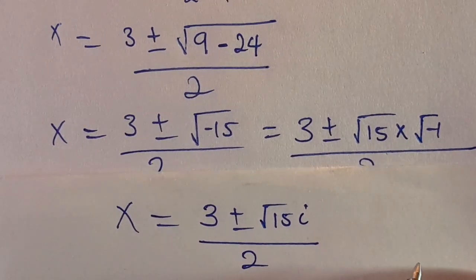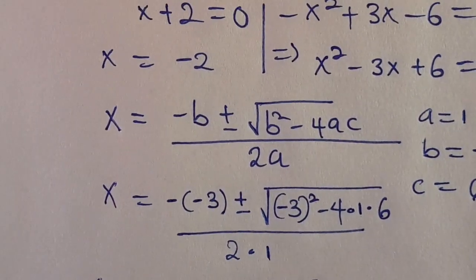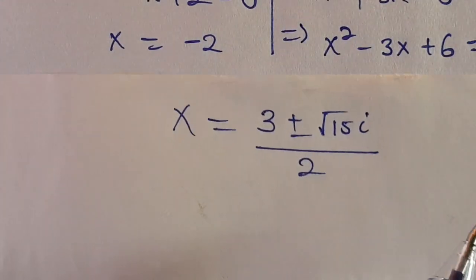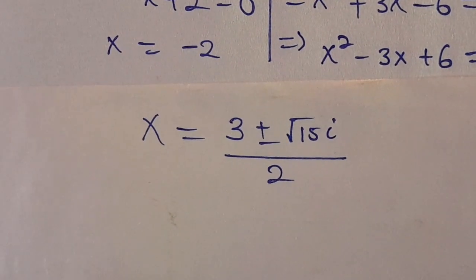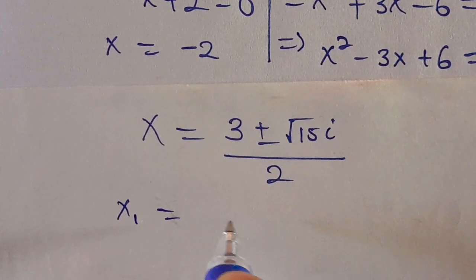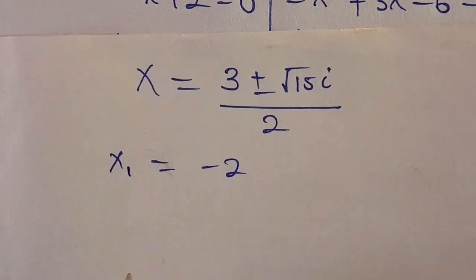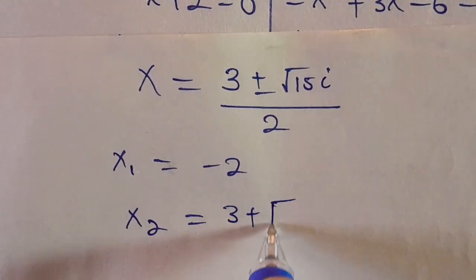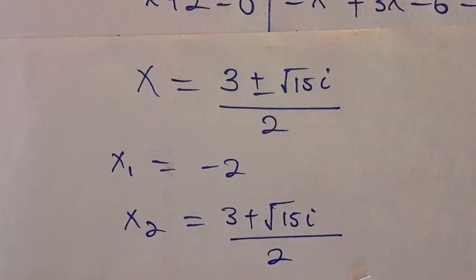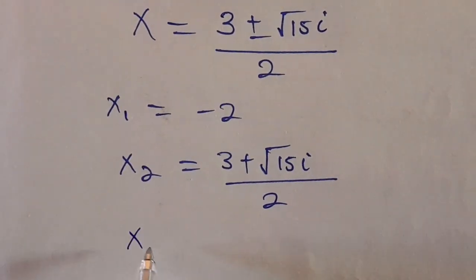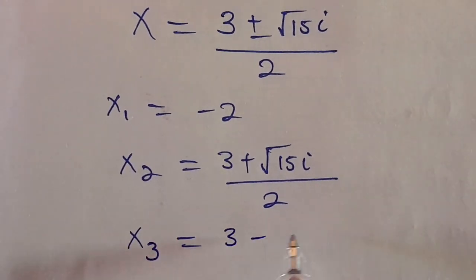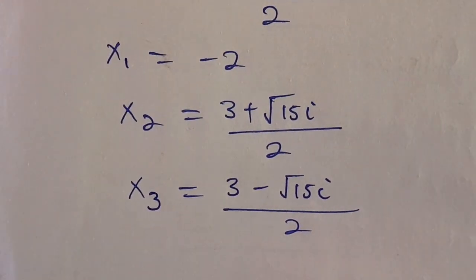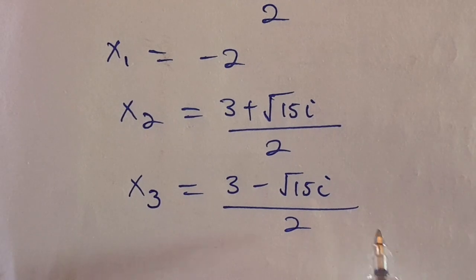So if the value of x equals this, then we have to recall from here that we have our x to be equal to minus 2. So we can declare finally that we have x1 to be equal to minus 2. Then we can have our x2 from here to be 3 plus square root of 15i divided by 2. Then we can have our x3 to be equal to 3 minus square root of 15i divided by 2. And these are the 3 solutions for the value of x.